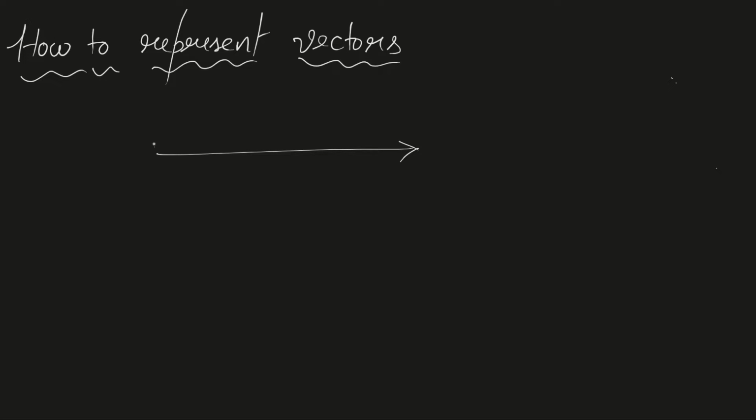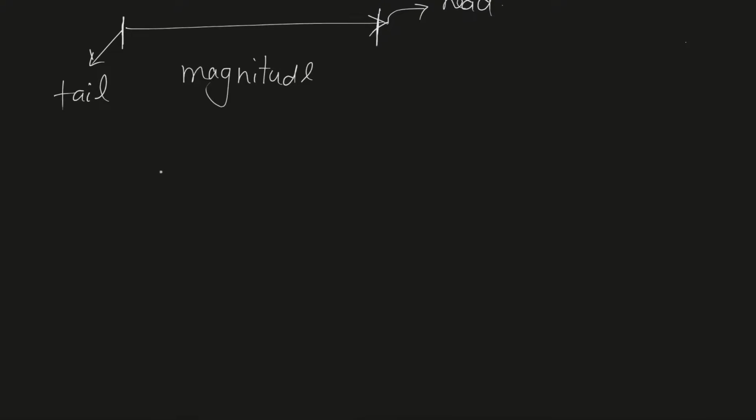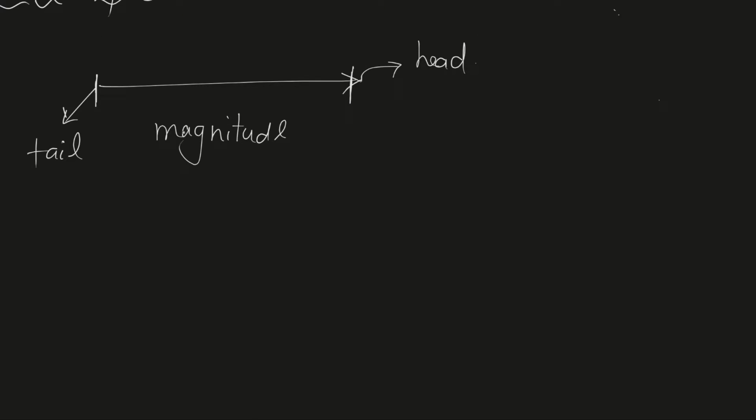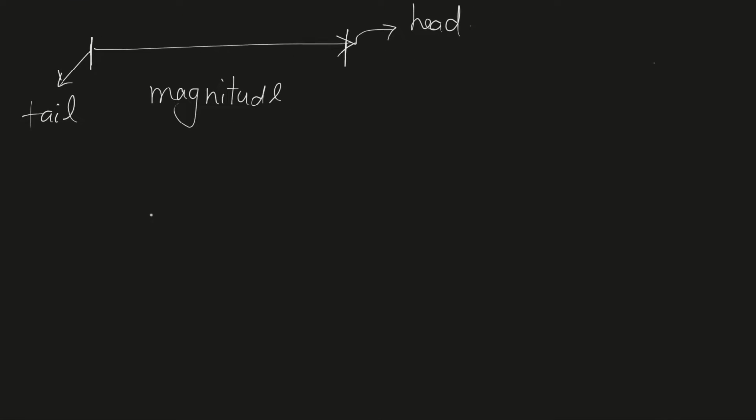This is the magnitude of a vector; it simply tells the magnitude value. This is the head, and this is the tail of a vector. This is nothing but the representation of the vector in a plane.